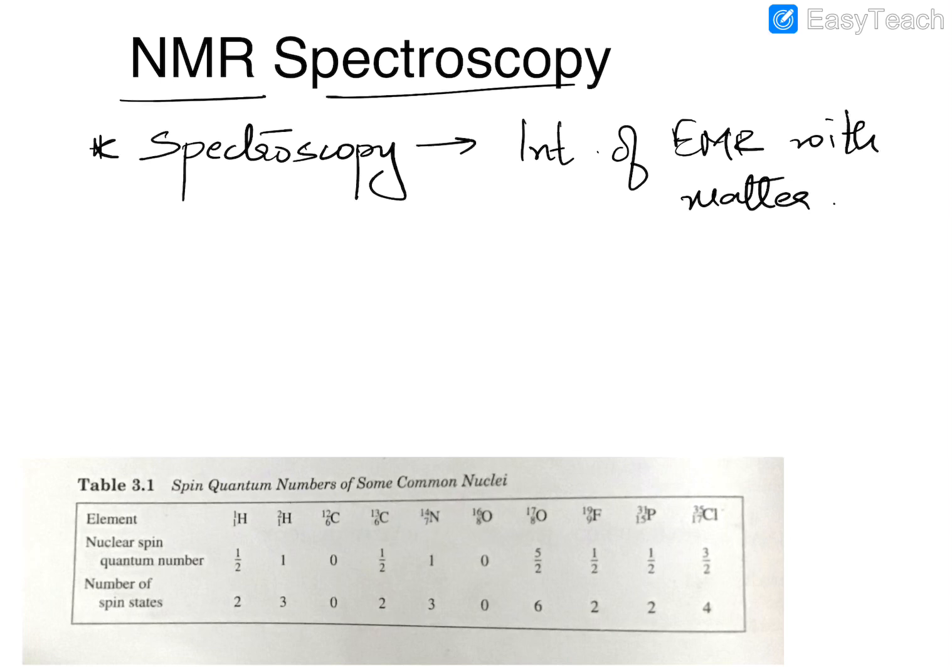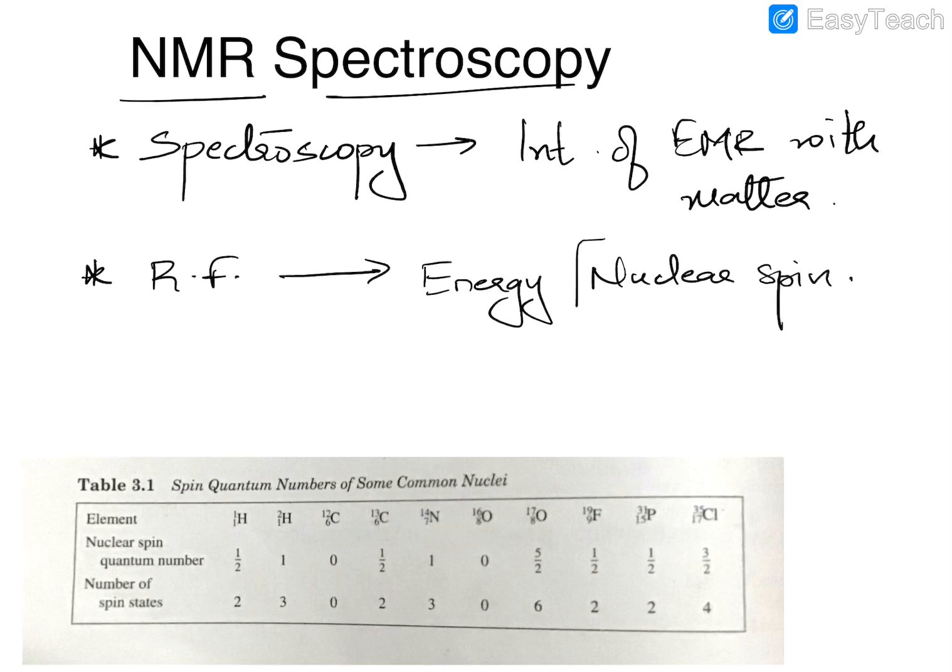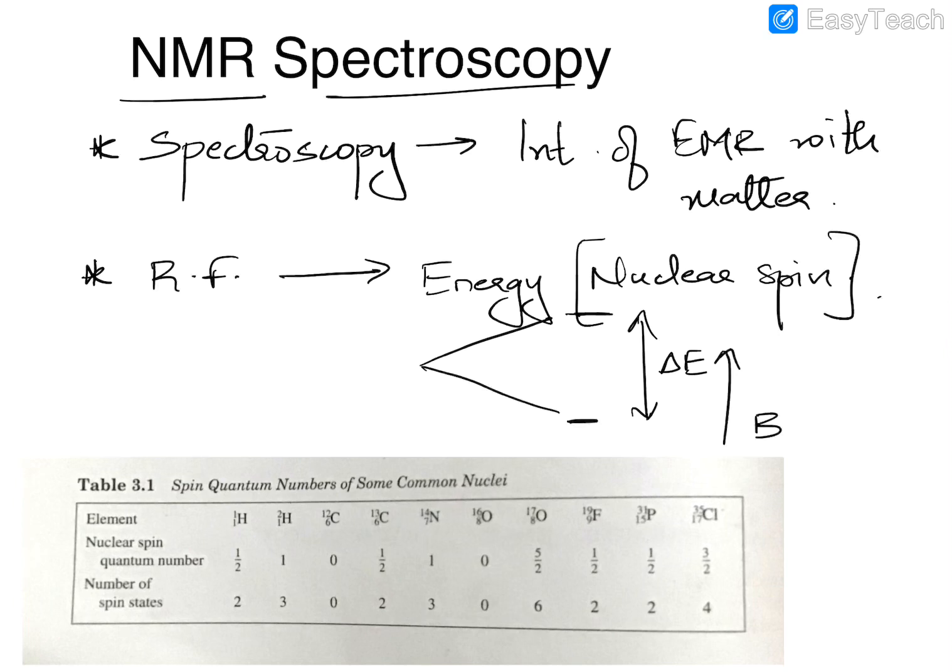And the electromagnetic radiation under consideration in NMR spectroscopy is the radio frequency radiation, and the energy levels that it targets are the nuclear spin states. So there is a transition from one spin state to the other. These spin states become available to a certain nucleus that is NMR active, with a finite difference in energy between them in the presence of an applied external magnetic field.